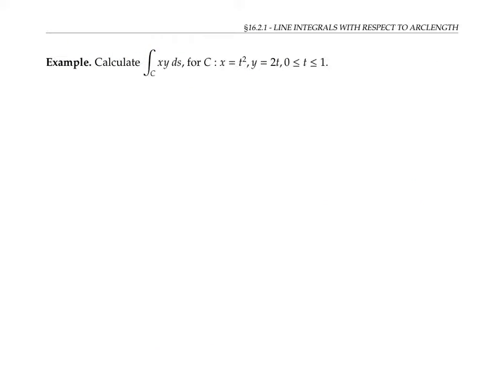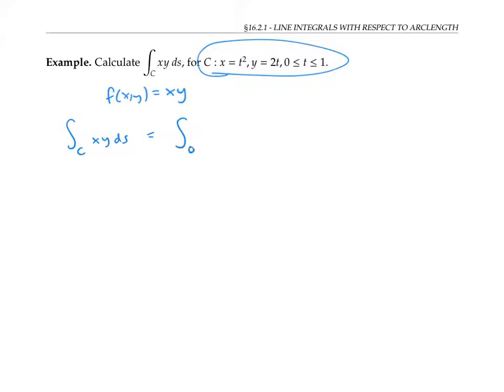Let's do an example and integrate this function. So here f of x, y is equal to xy over the curve given by this parameterization. First, we know that this integral is defined as the integral from a to b of our function times the arc length element.